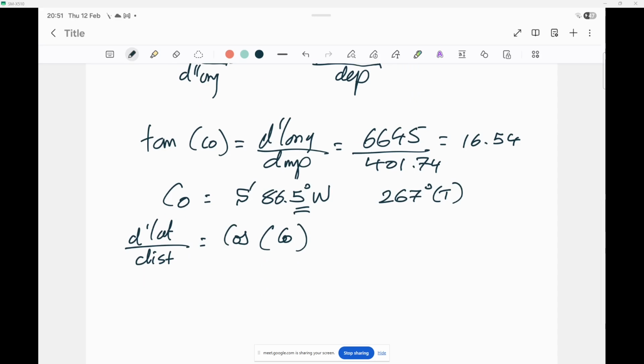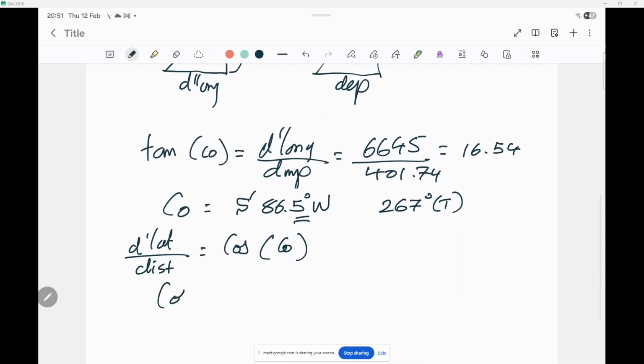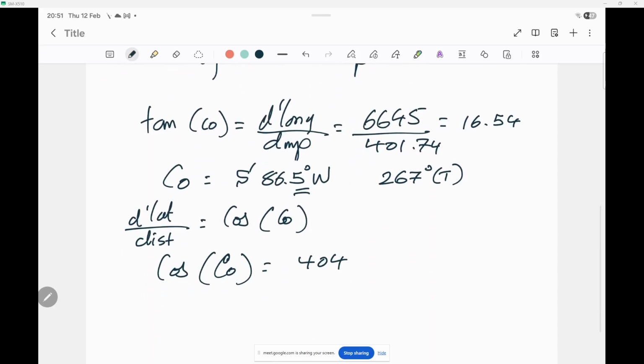So in that case, dlat is how much? Dlat is 404. Then distance is equals to cos 86.5. Do not use your 3-digit course here. Do not use this one.